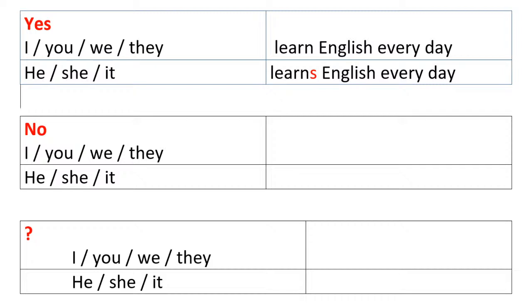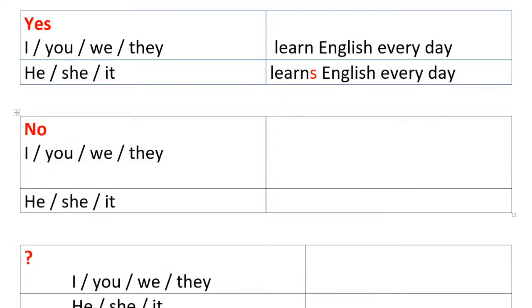Okay, so what happens when we have a negative sentence? So guys, what do you think you will say if you want to make it negative? So for example, someone is lazy and I, you, we, or they, you can say don't learn English every day.